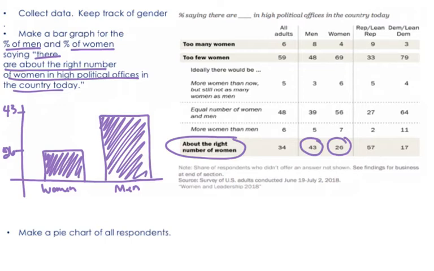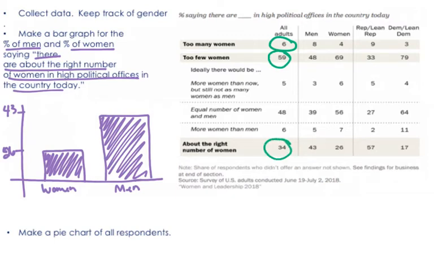Alright, so the next part says make a pie chart of all respondents. When I talk about all respondents, I'm looking at the different ones: the ones who said there are too many, the ones who said there are too few women, and then the ones that said they're about right. So I'm going to use those 3 statistics to make a pie chart now. You can try it as well, and try it in 1, 2, 3.